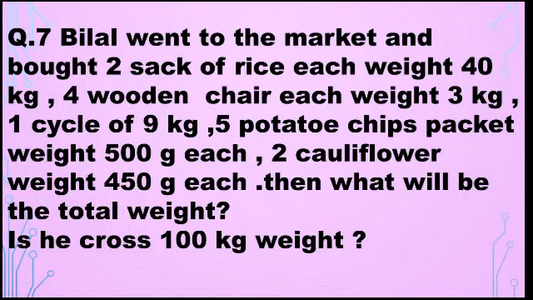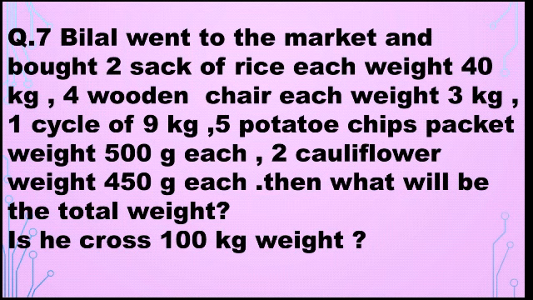Let me read the 7th question. It is a very interesting question, and I have solved it on the next page and you will see it. Next I have given one question, you have to solve it. Bilal went to the market and bought 2 sacks of rice, each weighing 40 kg, 4 wooden chairs which each weighed 3 kg, 1 cycle of weight 9 kg, and 5 potato chips packets weighing 500 gram each. 2 cauliflowers weighing 450 gram each.